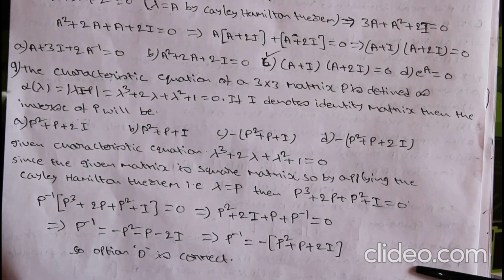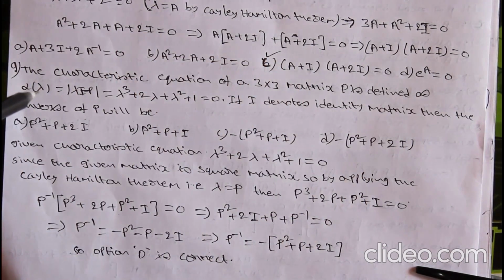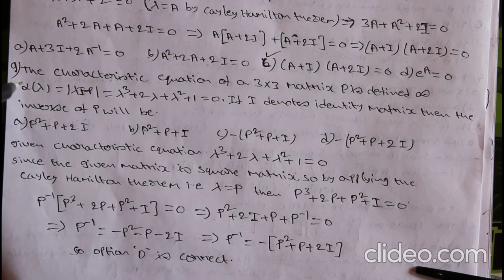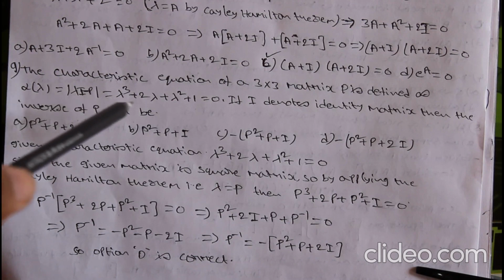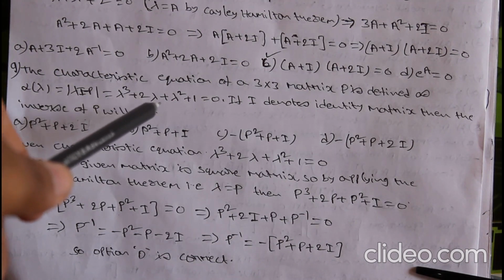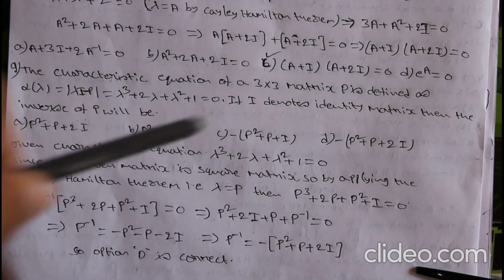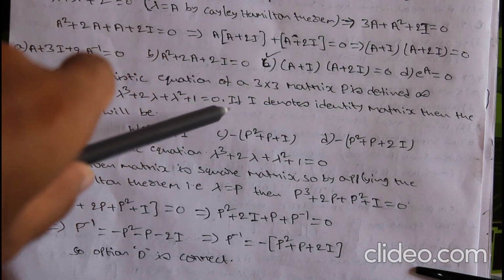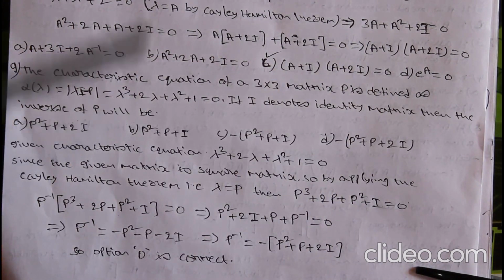Now look at question number 9. The characteristic equation of a 3 by 3 matrix P is defined as alpha of lambda is equal to determinant of lambda I minus P, which is equal to lambda cube plus 2 lambda plus lambda square plus 1, equal to 0. If I denotes the identity matrix, then the inverse of matrix P will be what? Here the characteristic equation is already given.